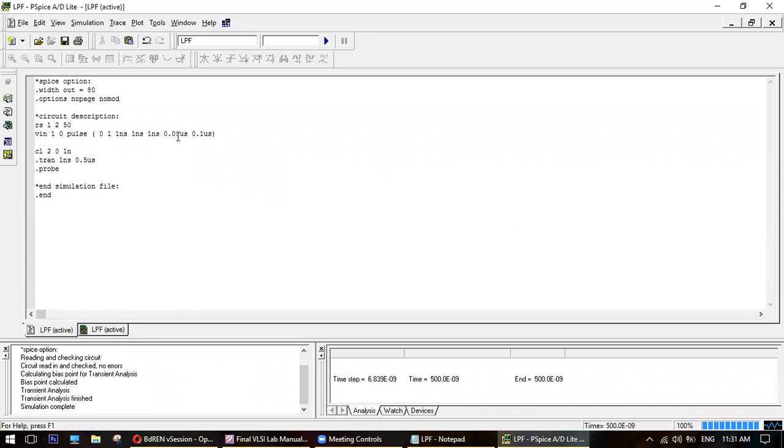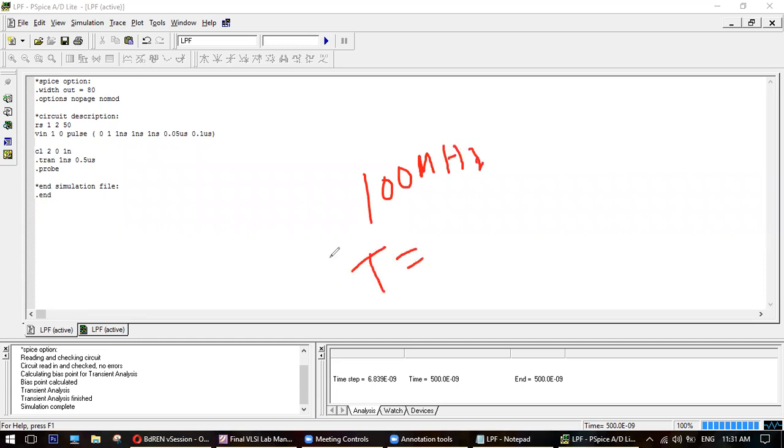So now let's try a bigger one. Let's make it 100 megahertz. For 100 megahertz, what will be your time? Can anyone calculate this for me?